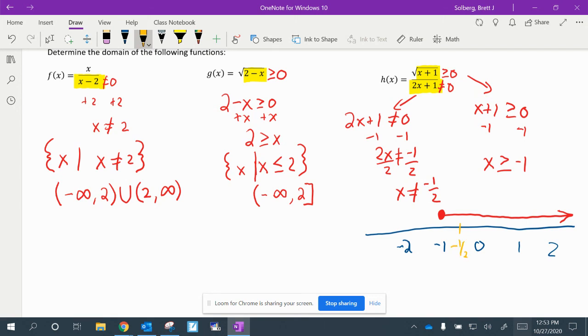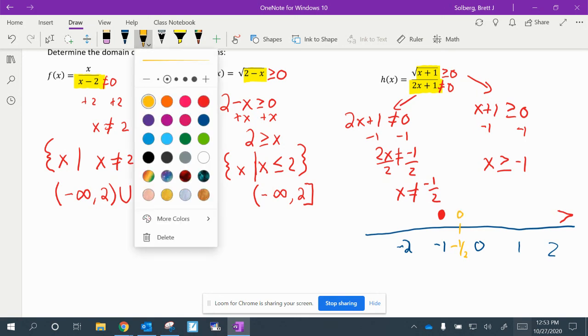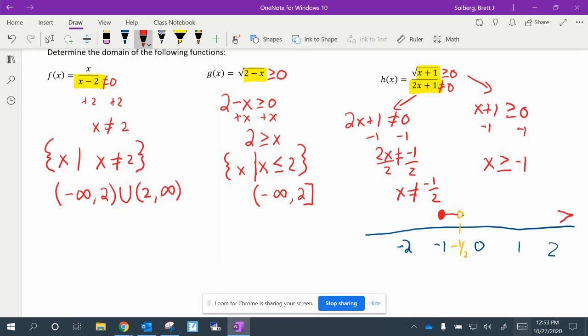So at negative 1/2, I'm actually going to have to take out this little piece right here. Oh, I meant to just erase a little bit, but whatever. We're going to have to put a little hole in there and say, okay, I want everything that's greater than or equal to negative 1, except for negative 1/2. I'm just going to write this one in interval notation because if I did it in set builder notation, I would just put both of those together.